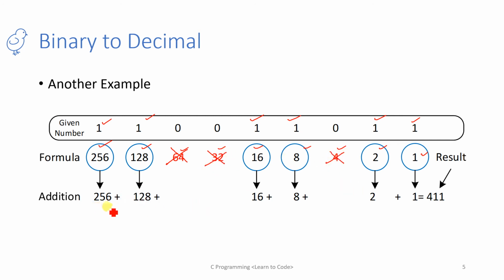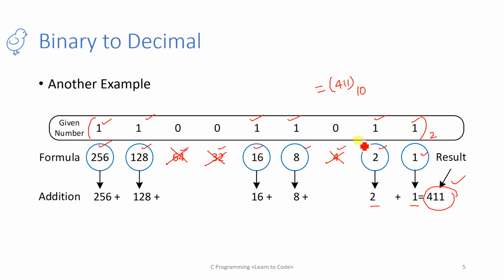Now what do I get? 256 plus 128 plus 16 plus 8 plus 2 plus 1 is nothing but 411, which is the result of this addition. So the given binary number is equivalent to 411 in decimal.